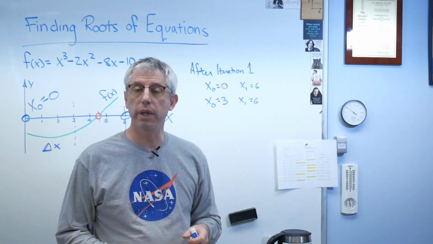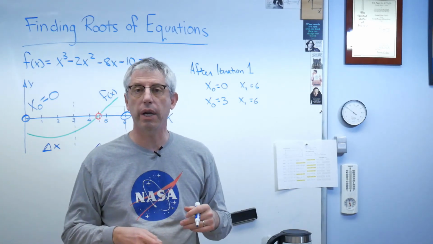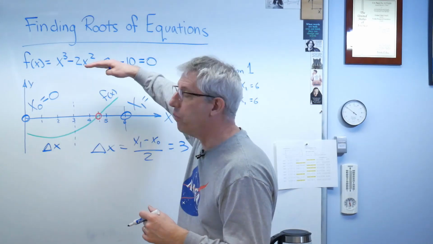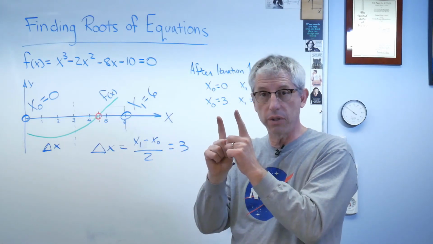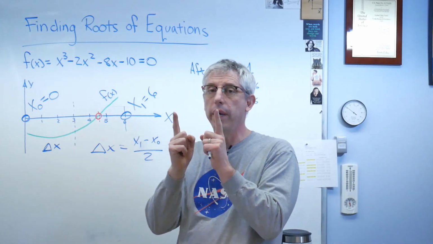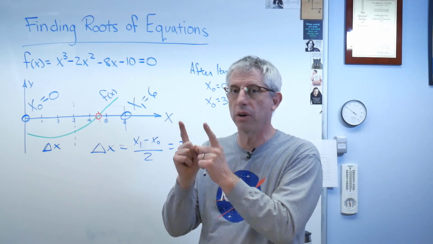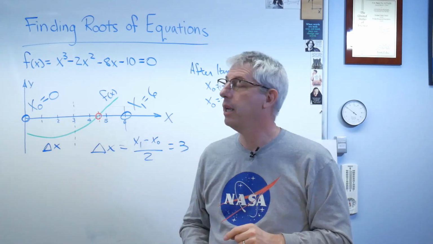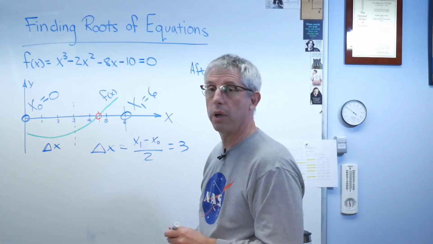And so the way you do this is you make a table, right? And I'm going to draw the table out here in a second. But you'll be able to see every row is going to be an iteration, and at the end here we'll have a range, x0 and x1. And all we know is that the root lies between x0 and x1. We don't know where it is in there, only that it's in there, right? So I'm going to erase my board and start working on this table, okay?